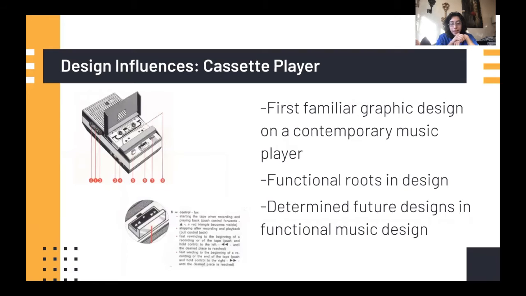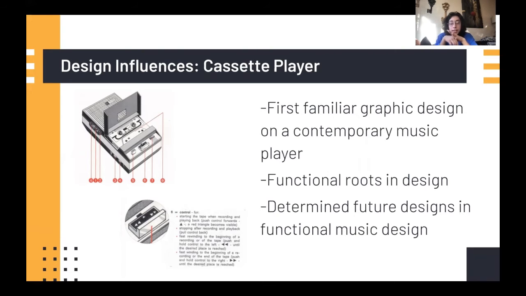And that contemporary music player that contains a lot of graphic design that we see on Spotify right now and a lot of other music platforms is the Philips cassette player, which was invented in 1963.